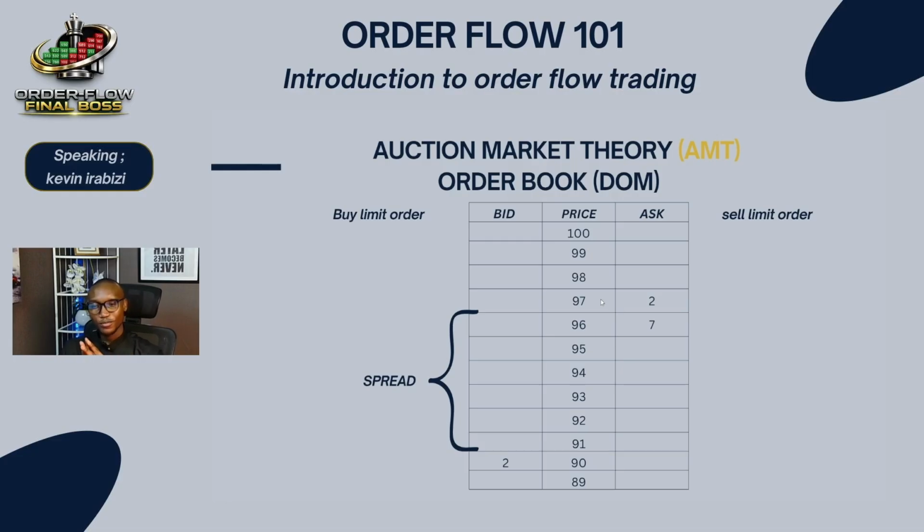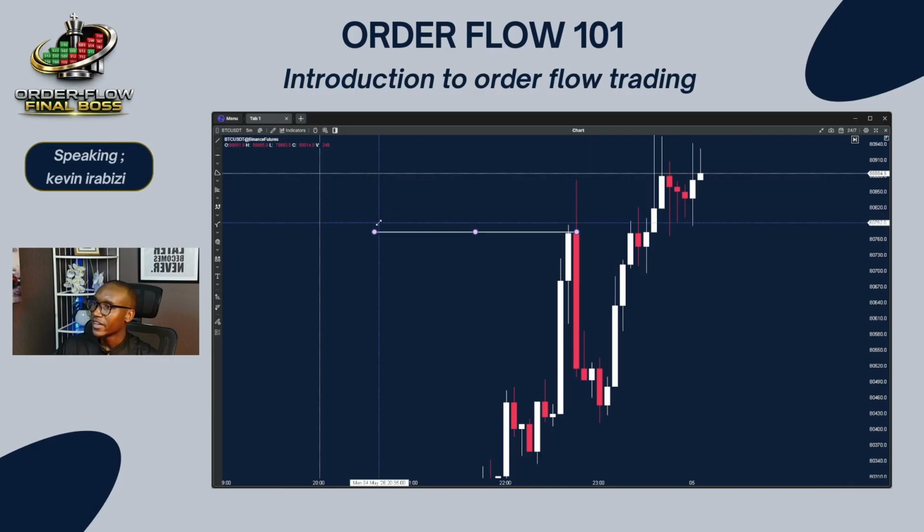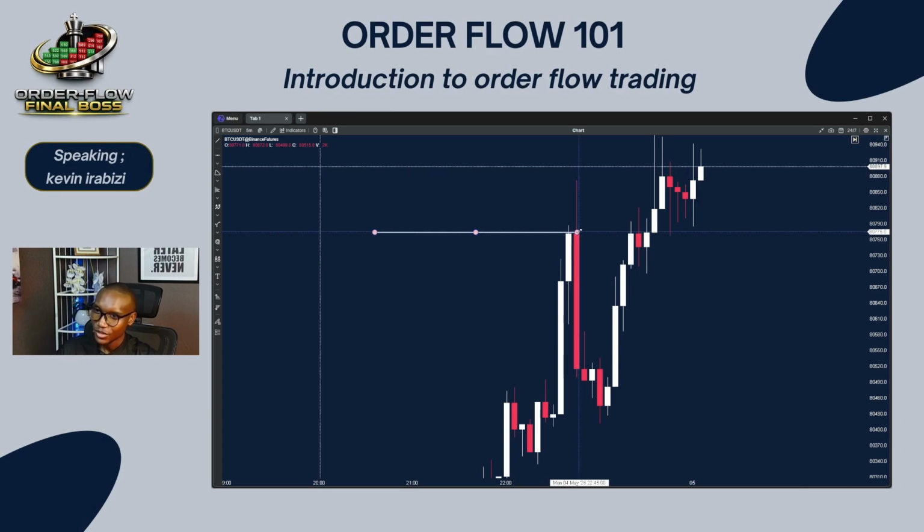Now that you know how price movement occurs, or you know auction market theory, transfer this to your candlesticks. Okay, we said a big order comes in at this particular price level, right? And this order wants to sell aggressively how many contracts? 33 contracts. At what price level?